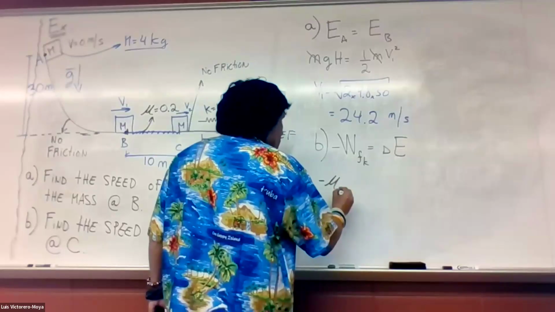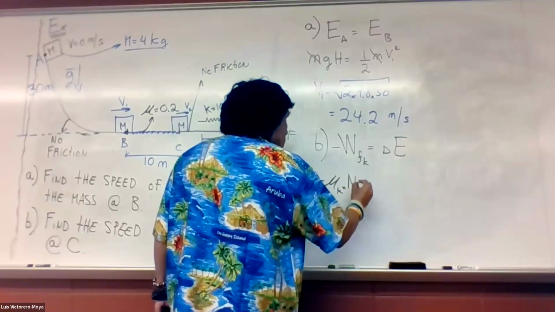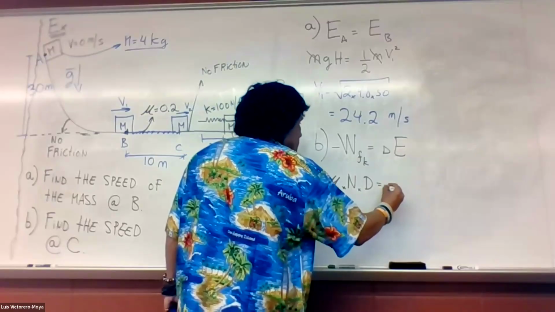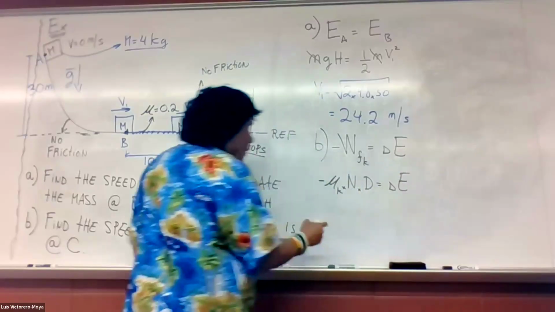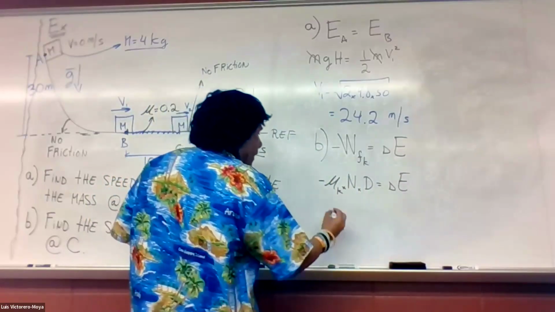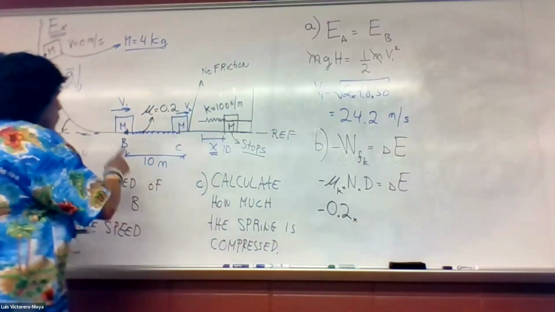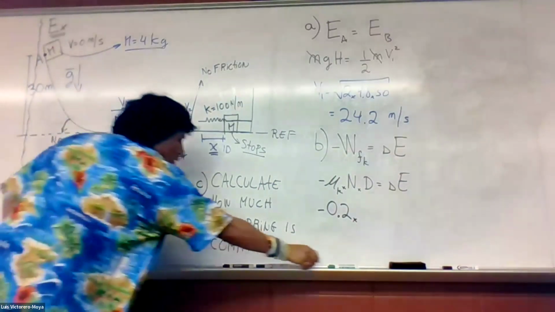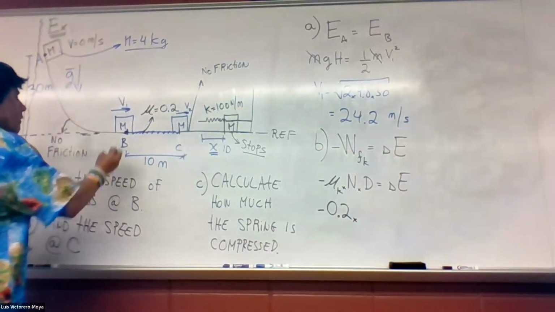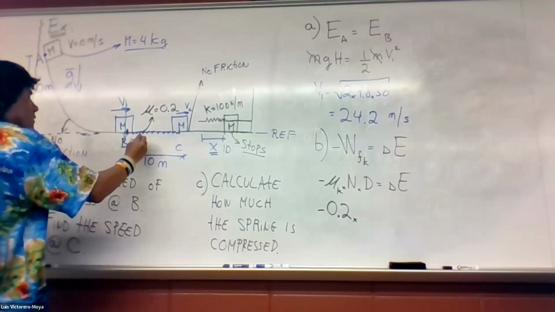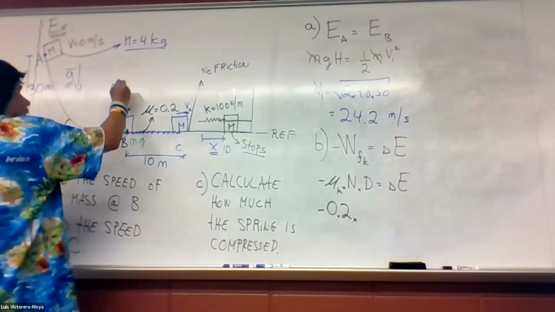Mu K times the normal force times the distance. Very good. Mu K times the normal force times the distance, which is delta T. Okay. Mu K is 0.2. What's the normal for this? This is easy. What is it? Mass times gravity. Yeah, mg normal.